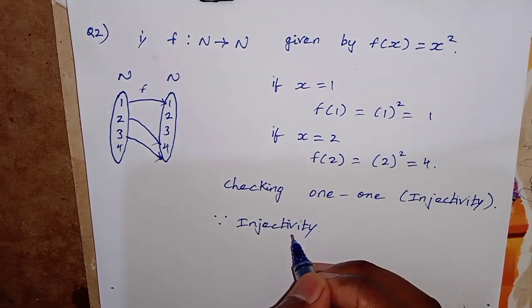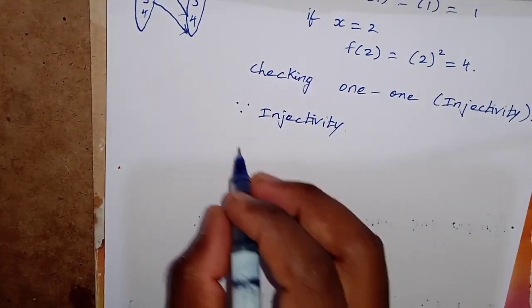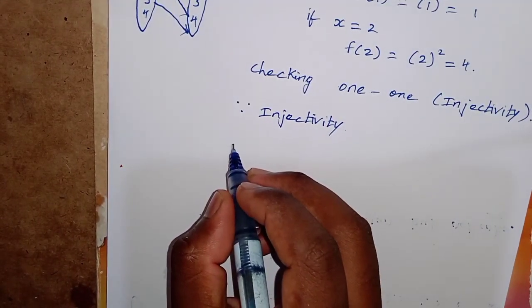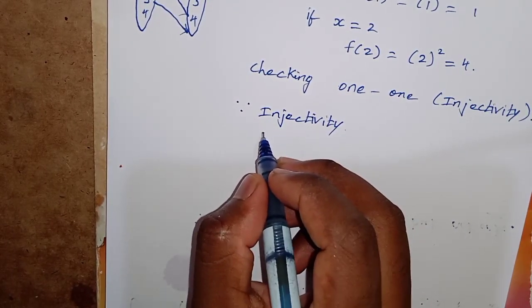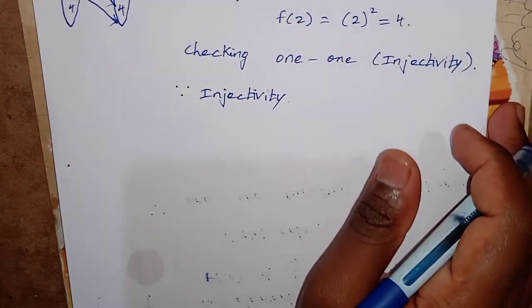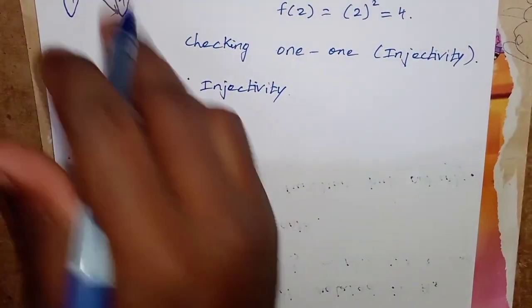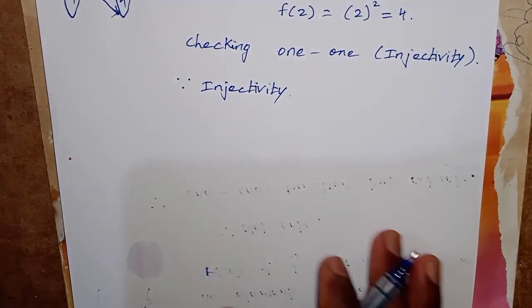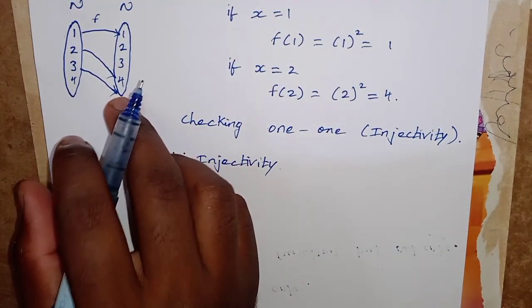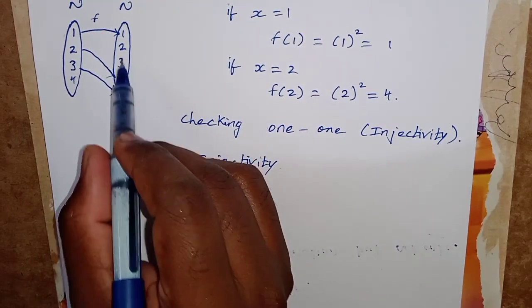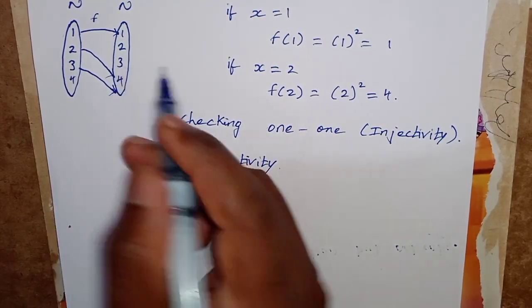Now you have to check whether it is surjective or not. Surjectivity is nothing but onto function. For checking onto, we have to check the codomain. Here it is our codomain. In the codomain, 2 and 3 are not filled.